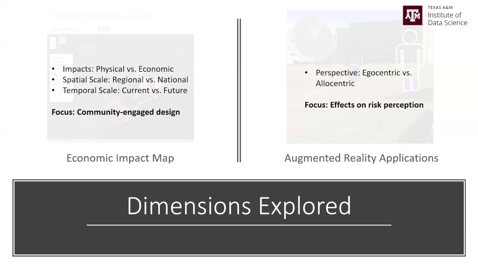That project considered several dimensions of hazardscape representation, including physical versus economic impacts, regional versus national scale, and current versus future temporal scale of impacts. My augmented reality applications, my focus there really has been more on comparing egocentric versus allocentric views, cartographic, top-down, traditional interactive web map displays versus AR applications.